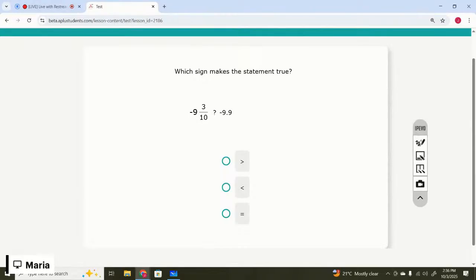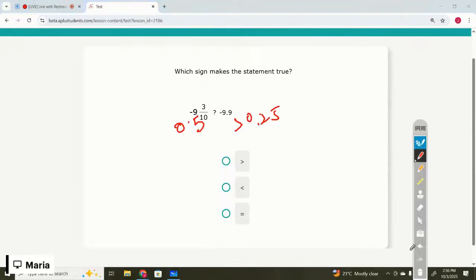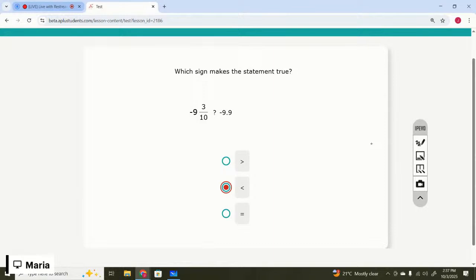Let's convert it into decimal form. Negative 9 whole 3 by 10 we can write as negative 9.3. So negative 9.3 is greater than negative 9.9. Option number 2 is the correct option.